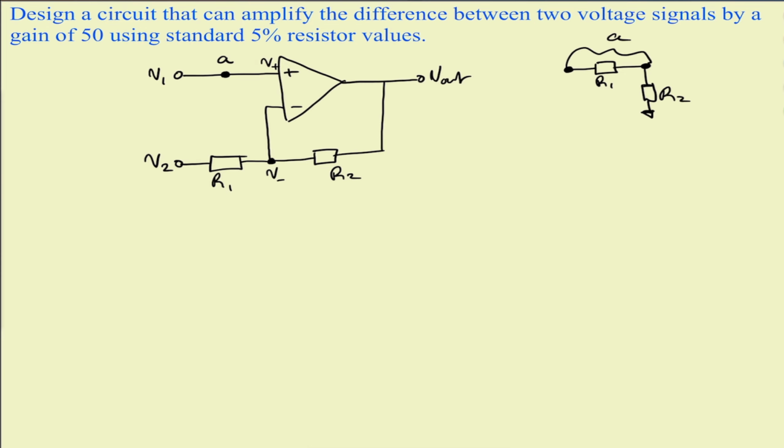We use R1 and R2 in our voltage divider network because in order for the difference amplifier to have a common gain factor, for us to acquire R2 over R1 multiplied by the difference between V1 and V2, we have to have the ratio for the attenuation network and the feedback network be equal.